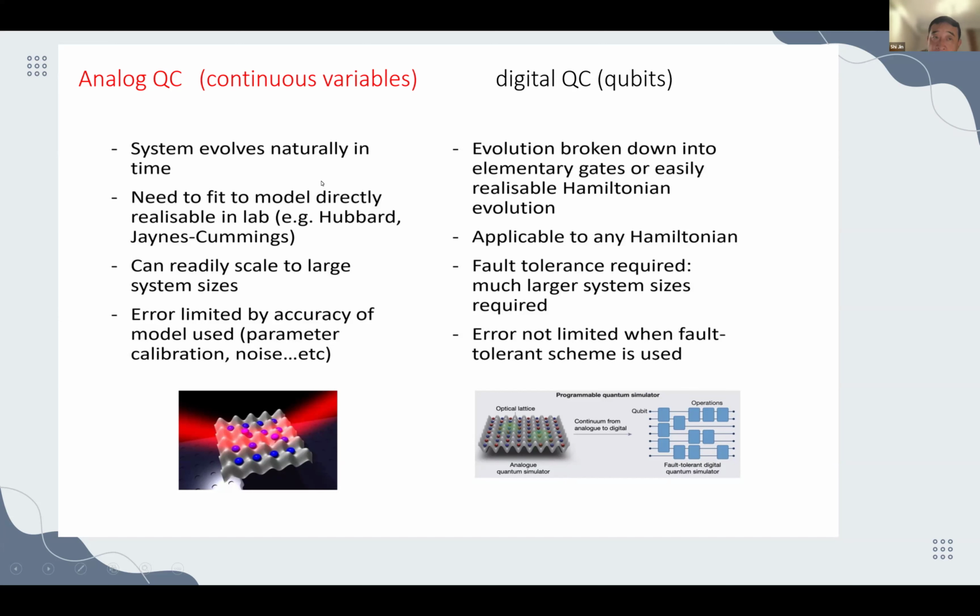But because our formulation is based on continuous variables, and after all PDEs are continuous variable problems anyway, this allows us to do what we call analog quantum computing. We are working with experimental teams to design experiments based on this quantum Hamiltonian that we found for general PDEs.